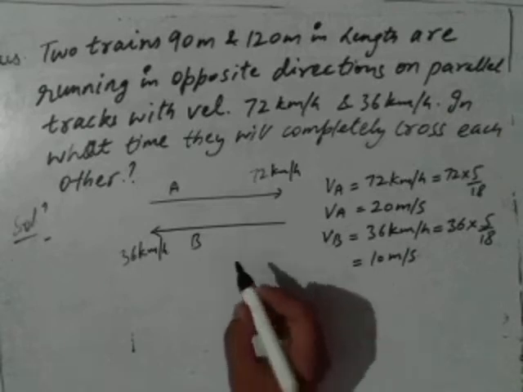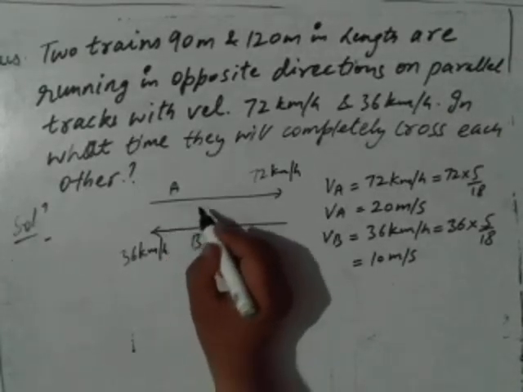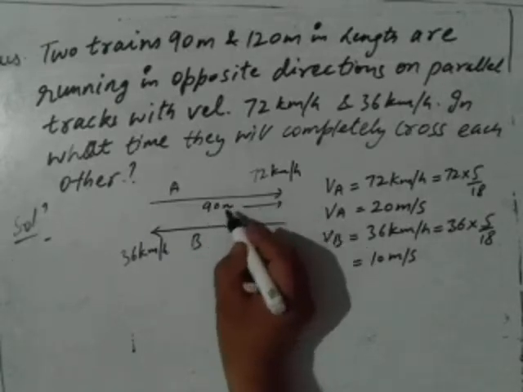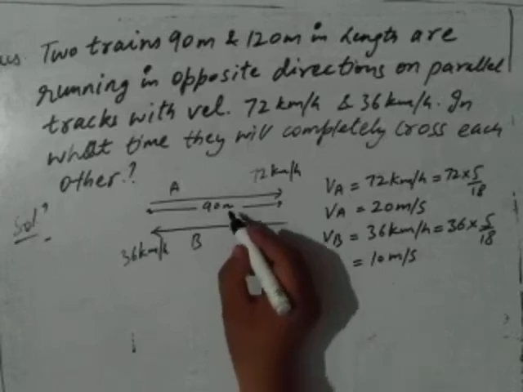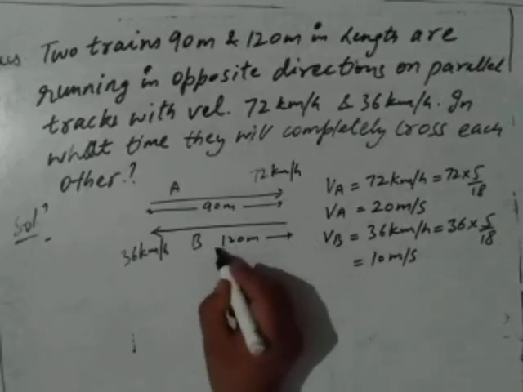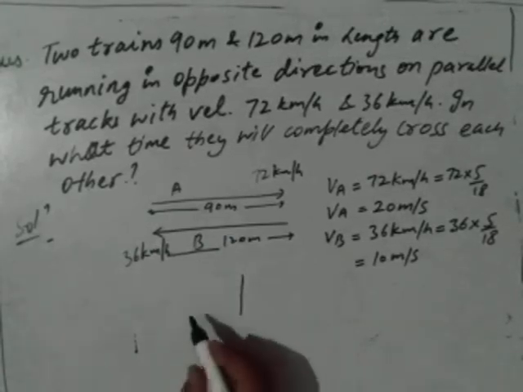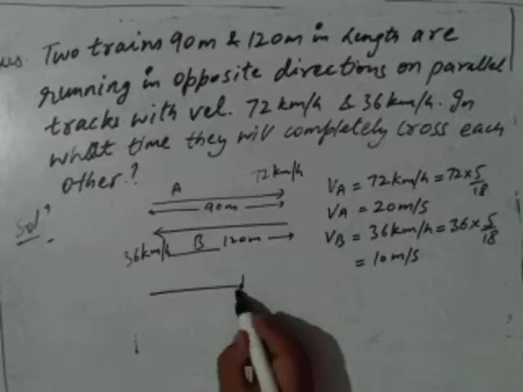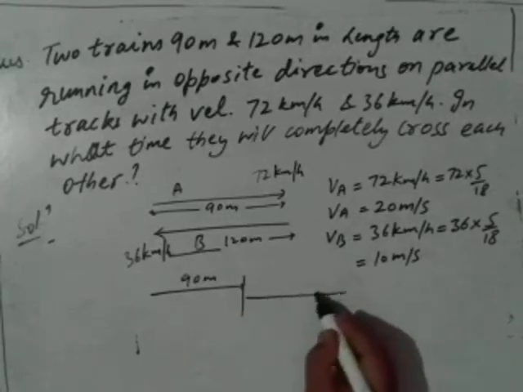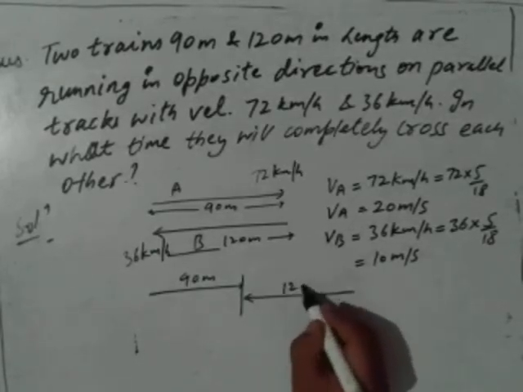Now, the length of the first train is 90 meter, and the second train is 120 meters. So if this is the point at which they are crossing, this is the length of 90 meters, and train B has the length 120 meters.